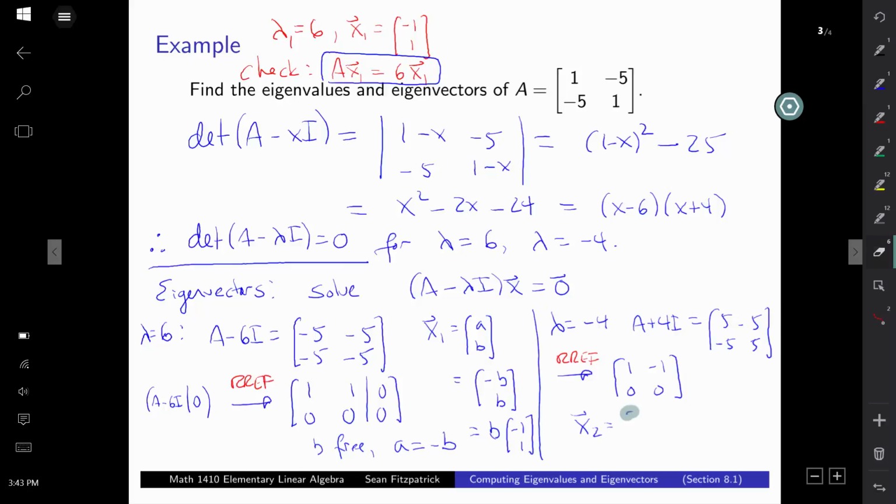If you go through all the steps, you find that it has to be some scalar multiple of the vector 1, 1. Again, you can set t to be anything you want, so set t equal to 1, and you get that your second eigenvalue is minus 4 with the corresponding eigenvector 1, 1. Again, you can check that A times x2 gives minus 4 x2 as expected. So there are our eigenvalues and our eigenvectors.